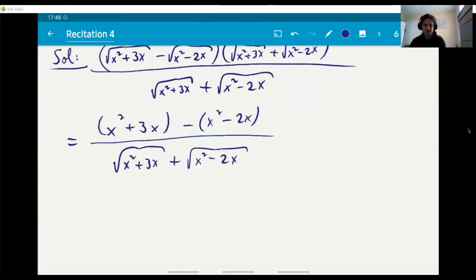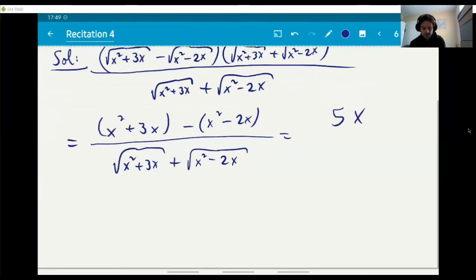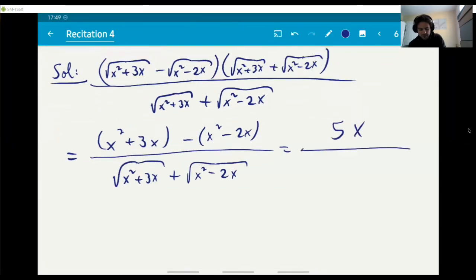We can cancel this now. You see that the x squared will go away. You are just left with 3x minus 2x. So that's a 5x at the top, divided by nothing to do at the bottom here. It's certainly not true that we can combine the two square roots into one. No, the sum of square roots is not the square root of the sum.